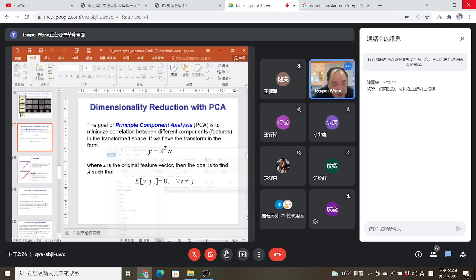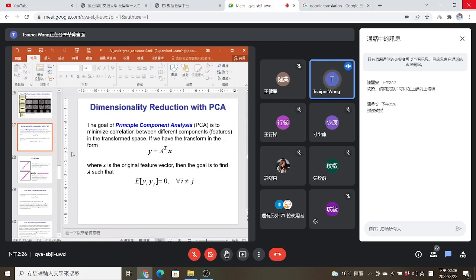So with principal component analysis, the idea is to have a projection to a lower dimensional space, and the projection is linear. When you write it down, the original samples, represented as vectors X, are projected by a projection matrix to another transformed space Y. So each vector is mapped to another vector.